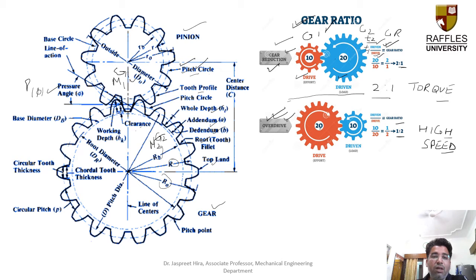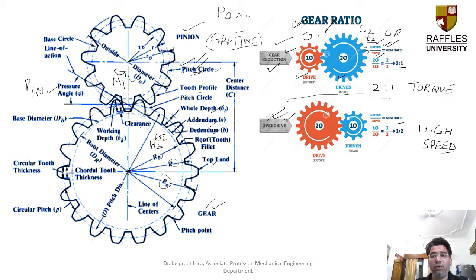Whenever the pitch circle does not coincide at the line of action, there will be a term known as grating. Now grating should be avoided, and to avoid this grating, the pitch circle of the pinion should coincide with the pitch circle of the gear. If it does not coincide, then there won't be exact power transmission.